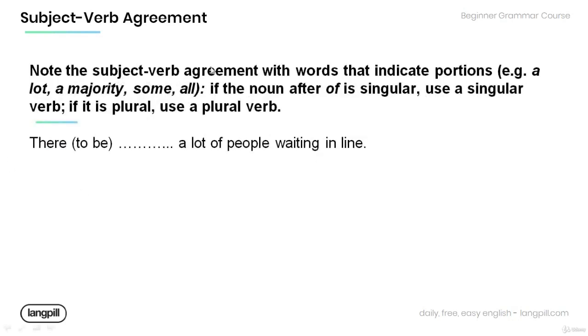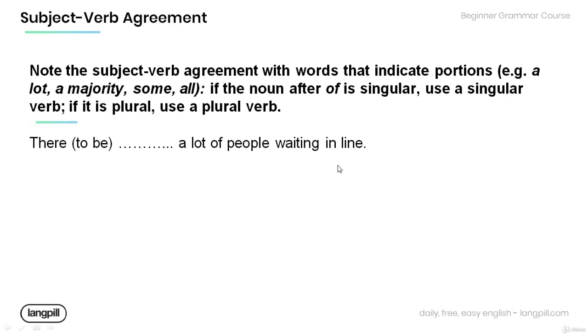Note the subject-verb agreement with words that indicate portions. For example, a lot, majority, some, all. If the noun after of is singular, use a singular verb. And if the noun after of is plural, make sure you use a plural verb.